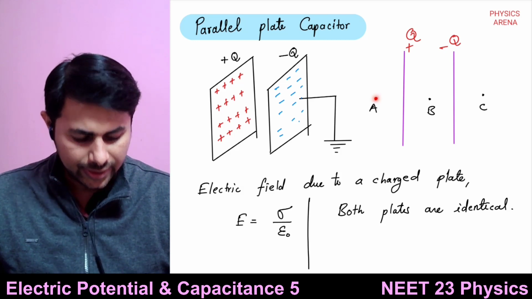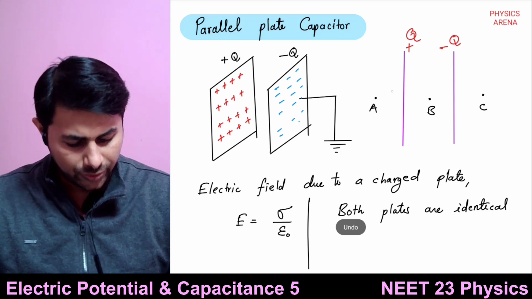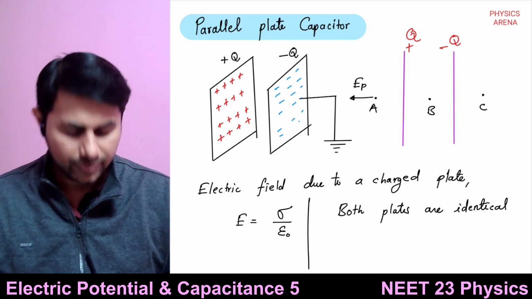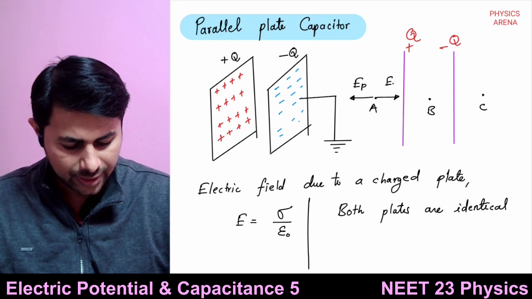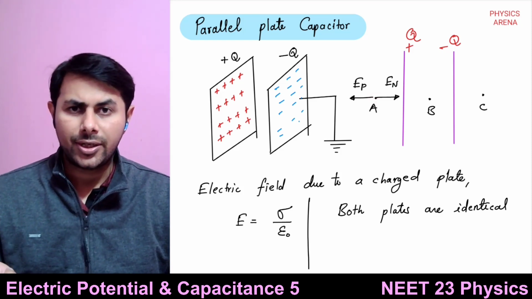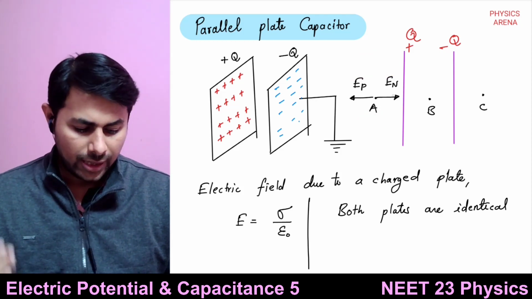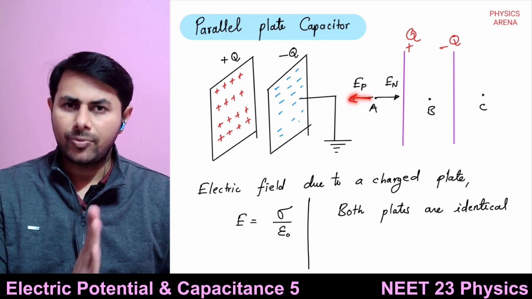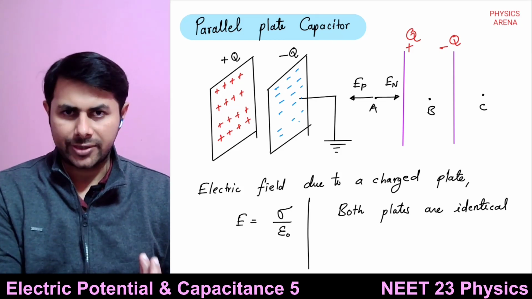At this point, the electric field due to the positive plate will be directed like this, this is EP, and the electric field due to the negative plate will be directed like this. If you keep a positive charge over here, it will get repelled by the positive plate and attracted by the negative plate. So the field due to the positive plate is outwards, and due to the negative plate it is inwards.